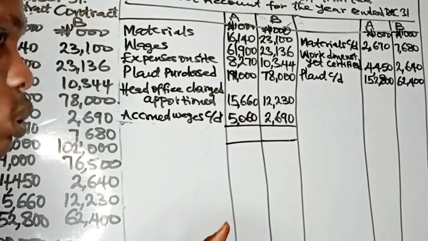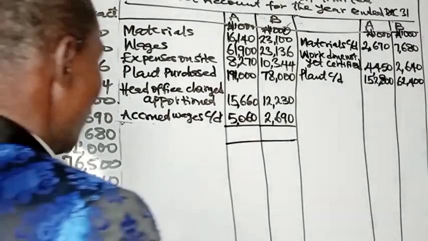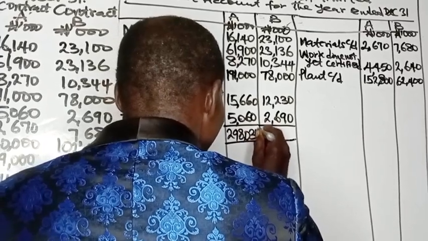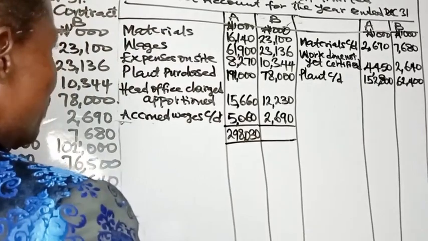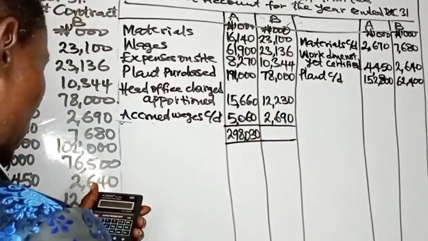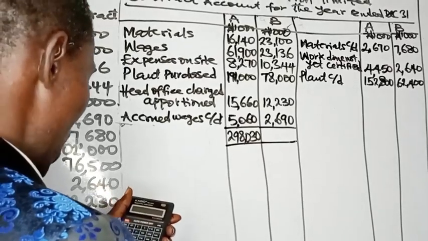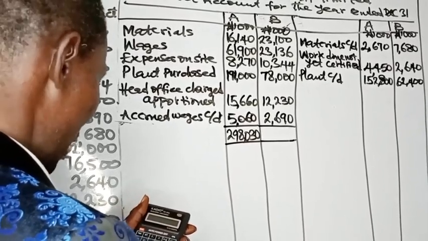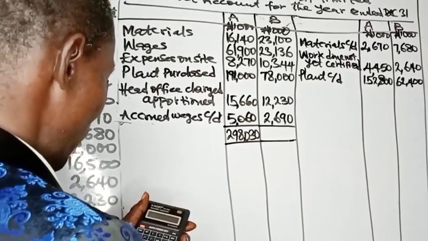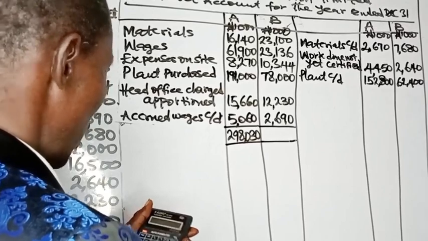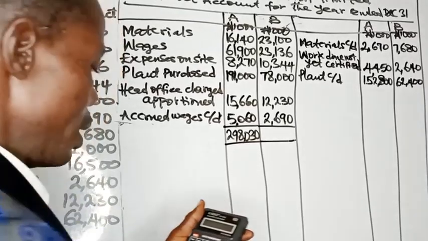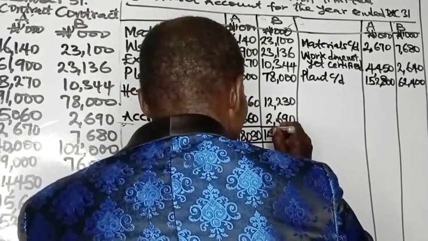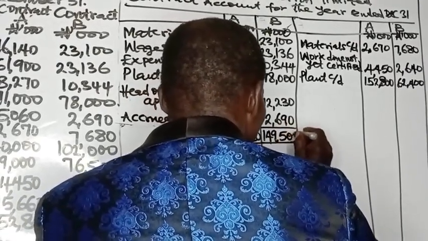The debit side is totaled 298,030 for contract A. That of contract B, we have 23,100 plus 23,136 plus 10,344 plus 78,000 plus 12,230 plus 2,690. We have 149,500. That is for contract B.